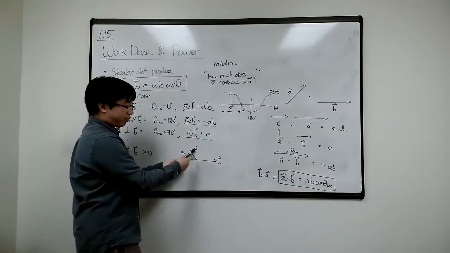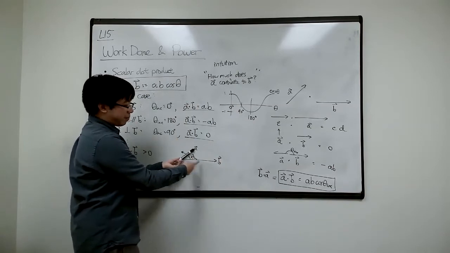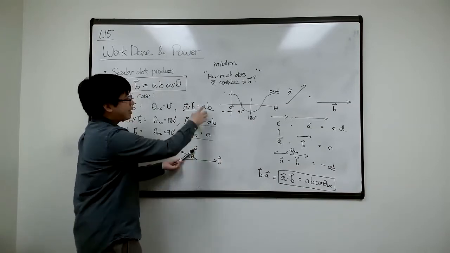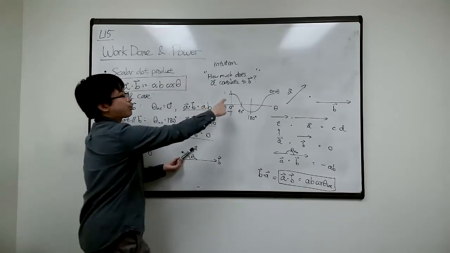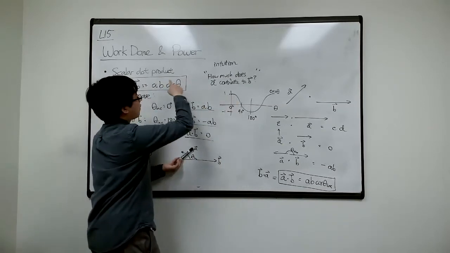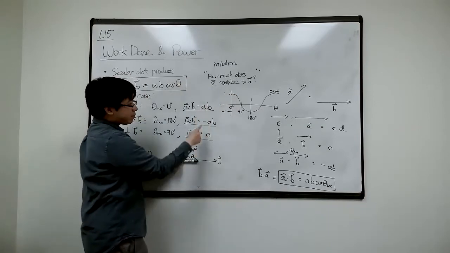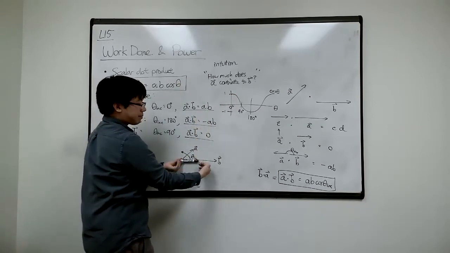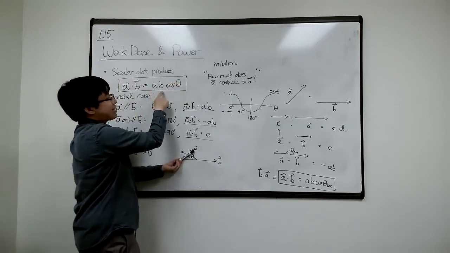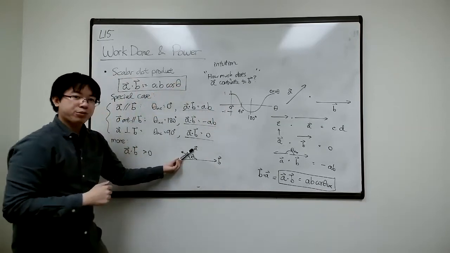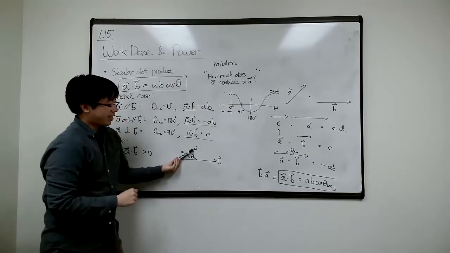Here, part of this affects this, and part of this affects this. And AB cosine theta kind of tells you how much. The cosine sort of reduces, as you can see, from 1. So it went from just the magnitude of A times the magnitude of B to just a portion of the magnitude of A times the magnitude of B. I think that's the best way to gain an intuition about the dot product.